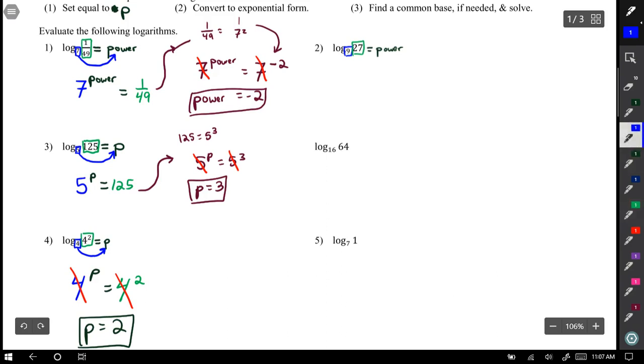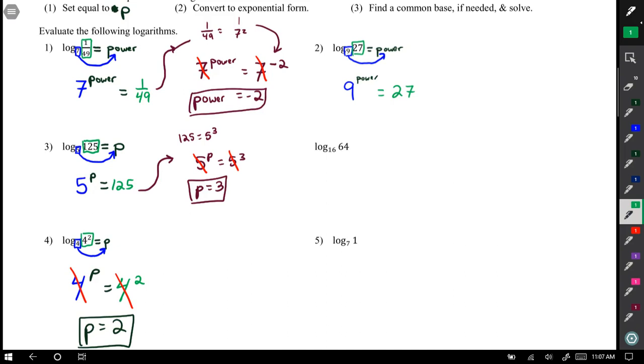It's not a direct power. So 9 is my base. It attaches to that power, and it gives me 27. Well, 9 to the first is 9. 9 squared is 81. No, it's not going to be a nice one. It's going to be a fraction or a decimal, so I have to do some math.